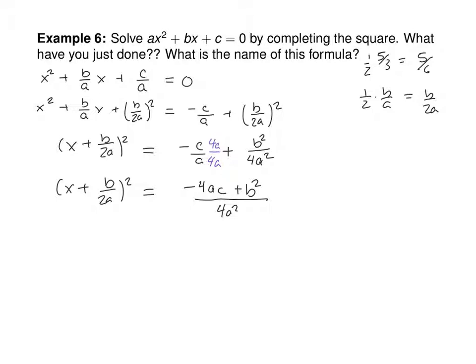Does that make sense so far? Okay, square root both sides. X plus b over 2a equals plus or minus a big square root sign over the whole fraction.